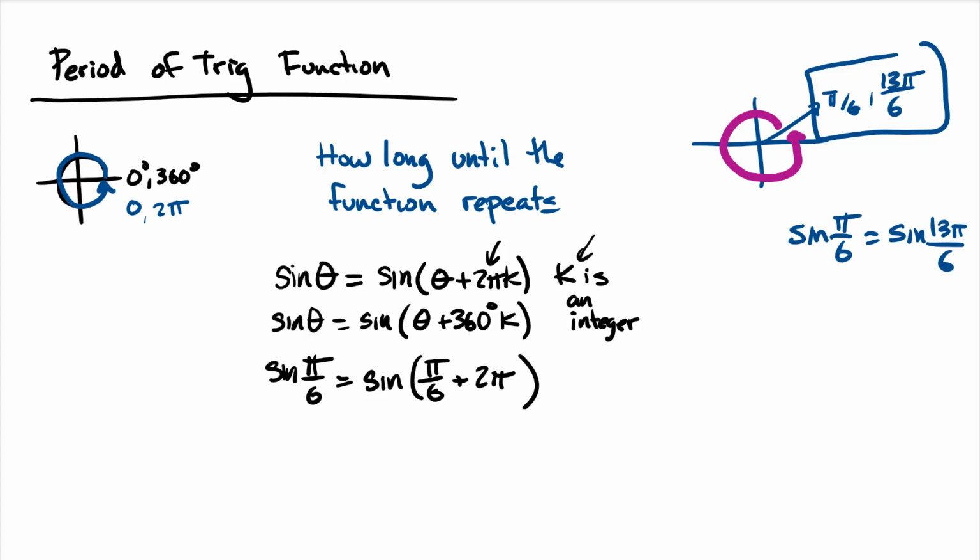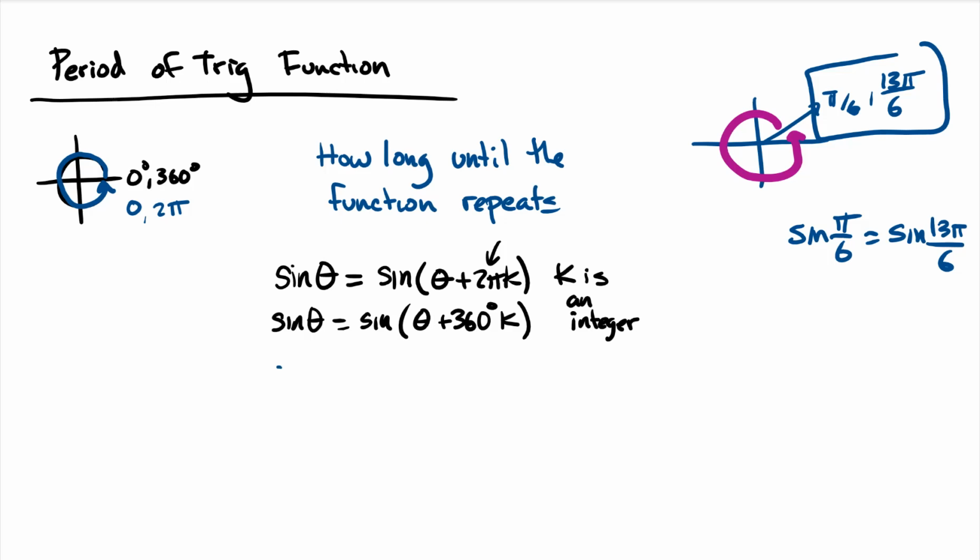I just chose my k to be 1. K is an integer, or how many times you spin around in a circle. So that is equal to sine of 13 pi over 6. They're the same thing. That is a giant game for solving, that's everything, but we'll see that later.